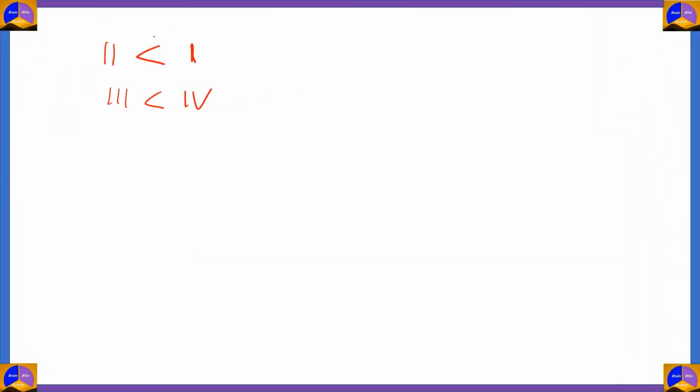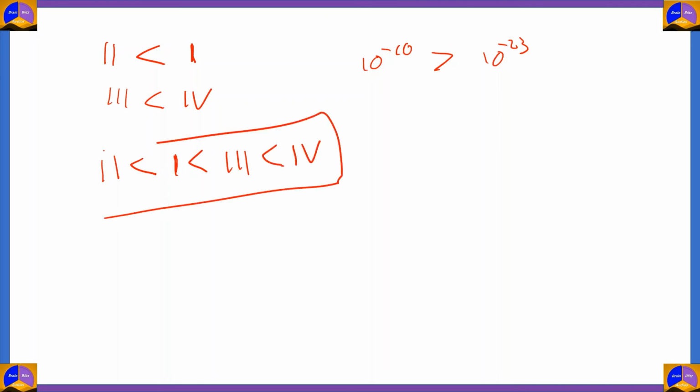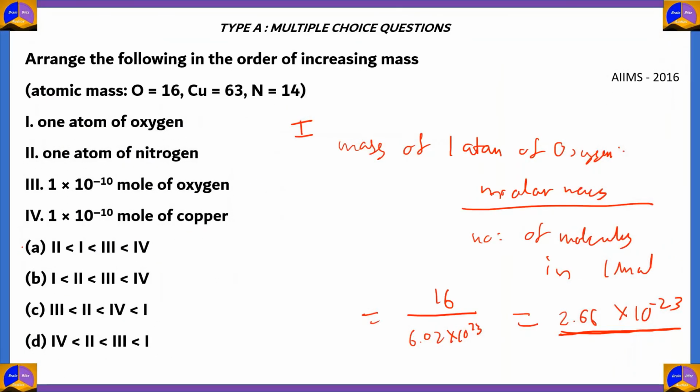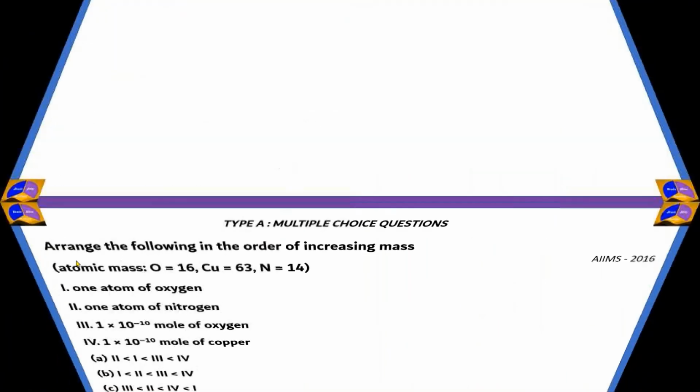So therefore, 10 raised to minus 10 is greater than 10 raised to minus 23. So the correct order will be 2 less than 1 less than 3 less than 4. And where do we see this order? The order is found in option A. So option A is the right answer.